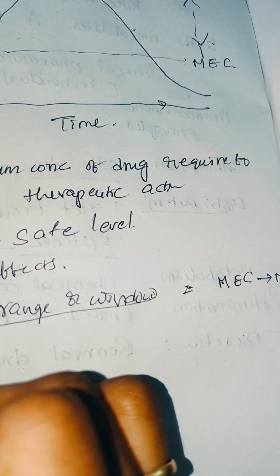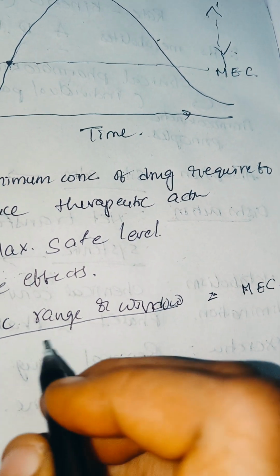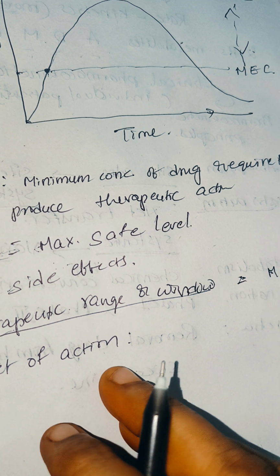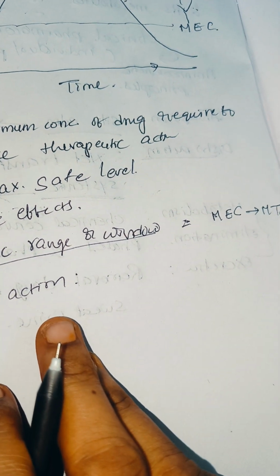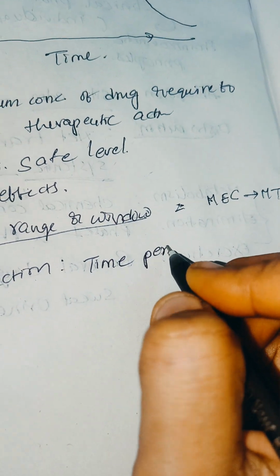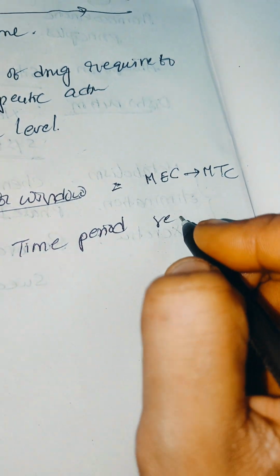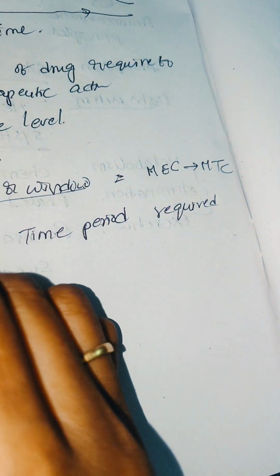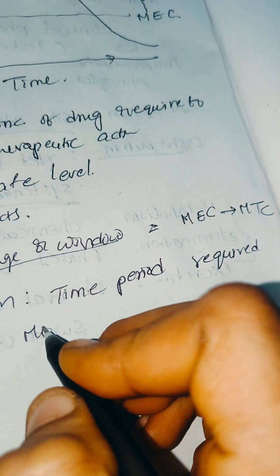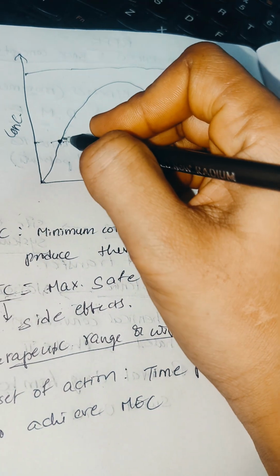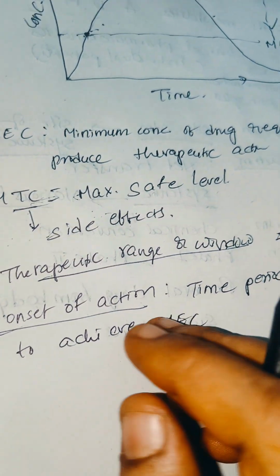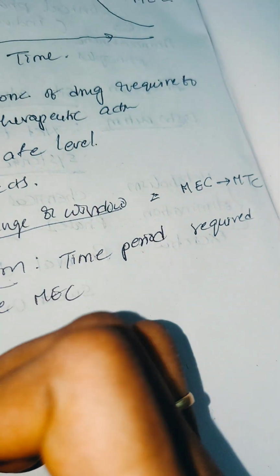Next, onset of action. It is the time period required to achieve the minimum effective concentration. So the time period to reach this minimum concentration is called onset of action. Then termination of action.